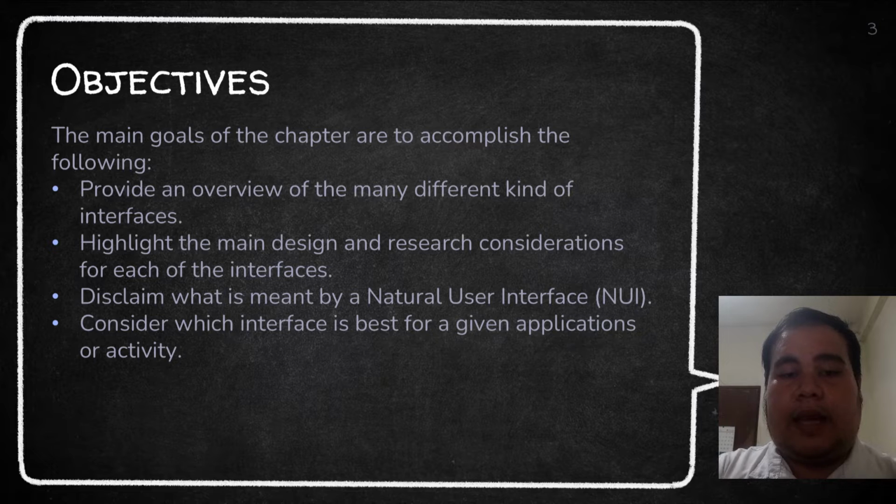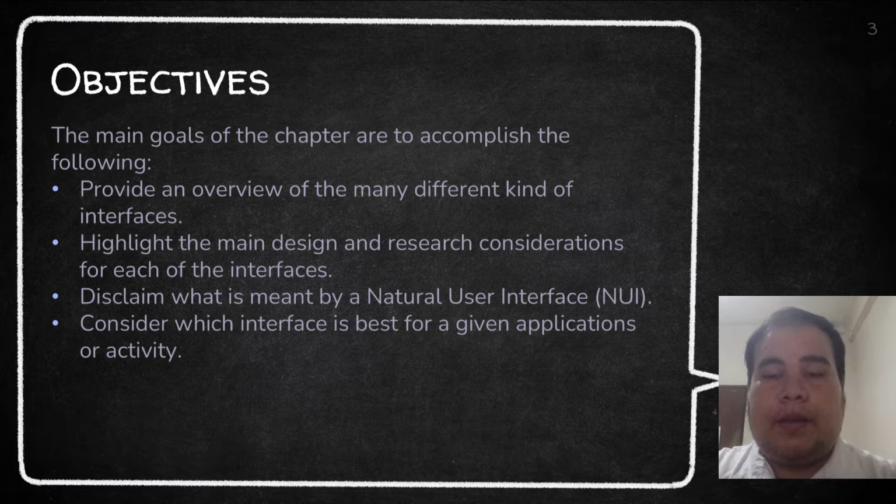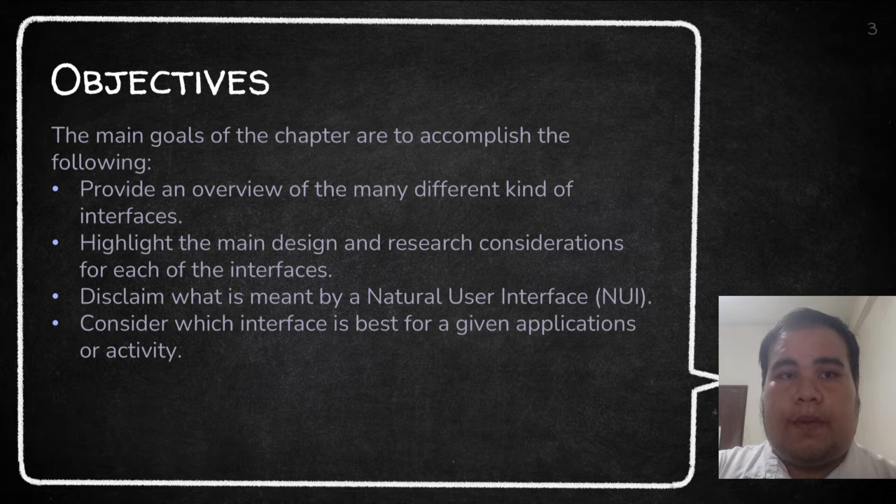Highlight the main design and research considerations for each of the interfaces. Number 3. Explain what is meant by a natural user interface or NUI. And lastly, consider which interface is best for a given application or activity.